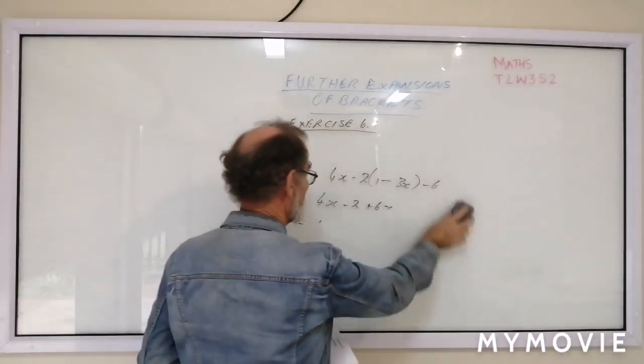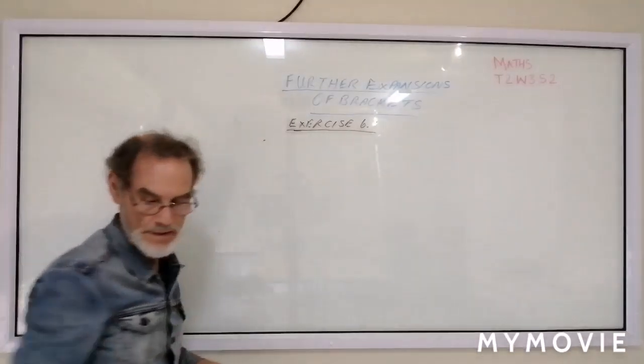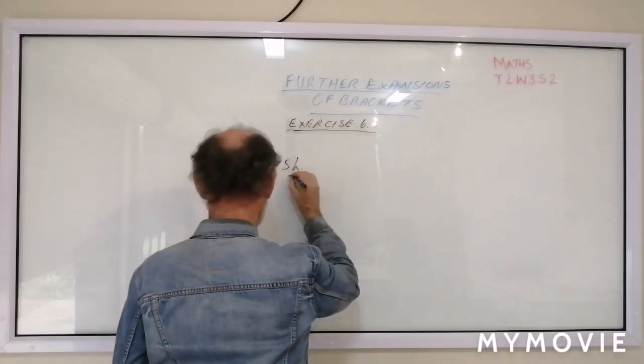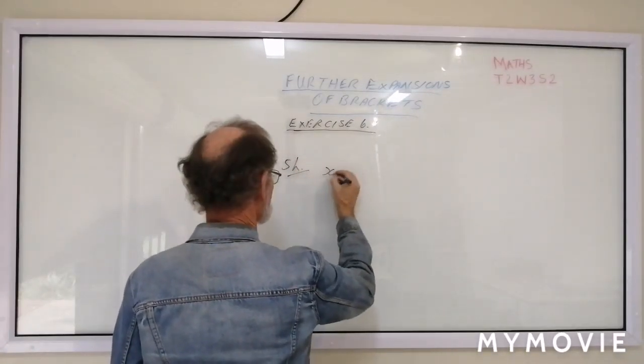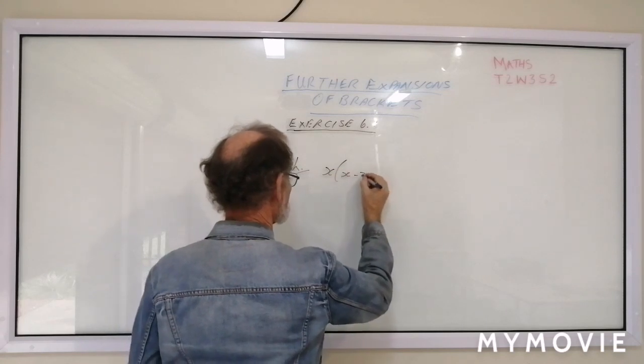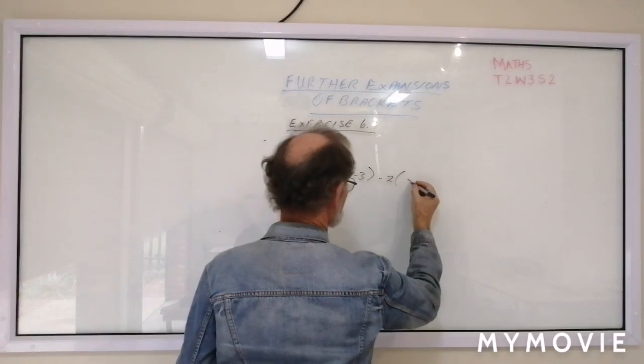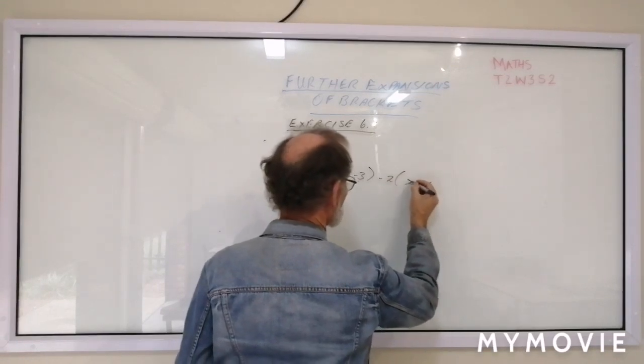And then 5h. 5h is x minus 3 minus 2x minus 4.